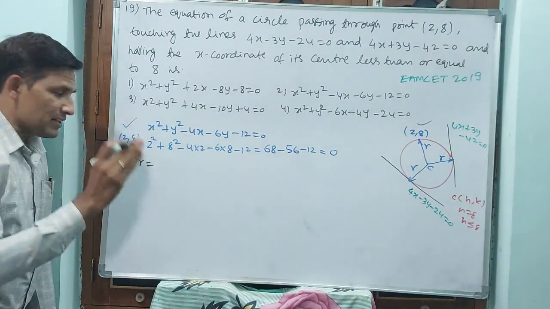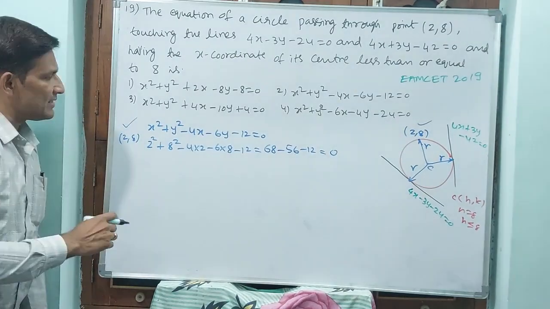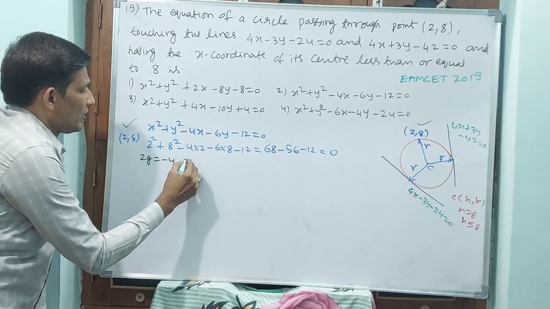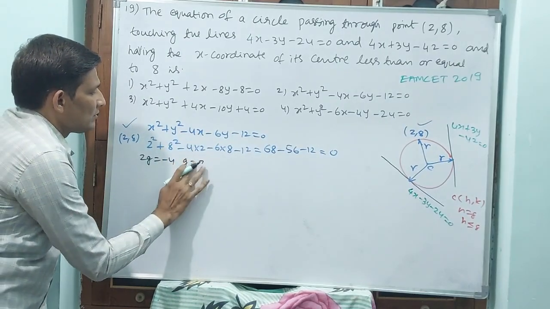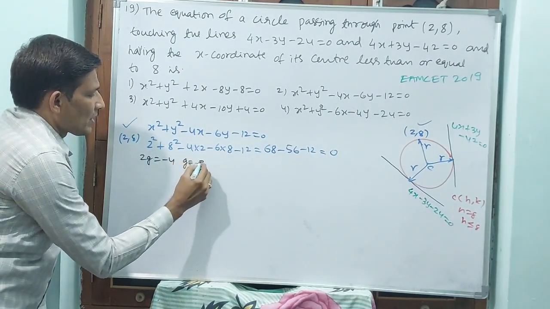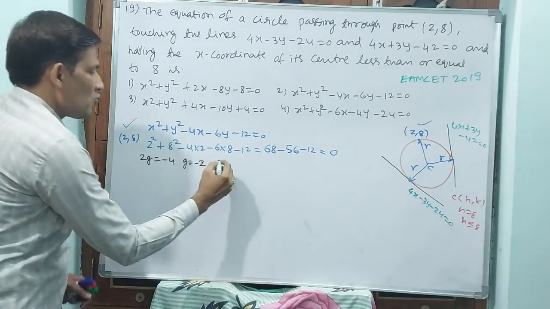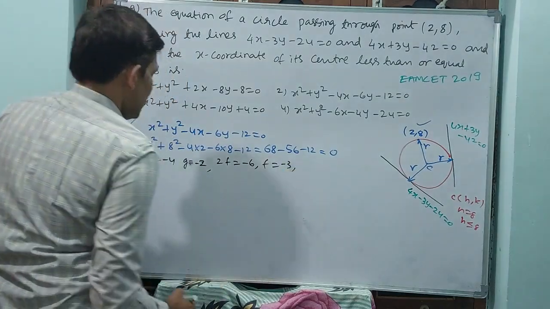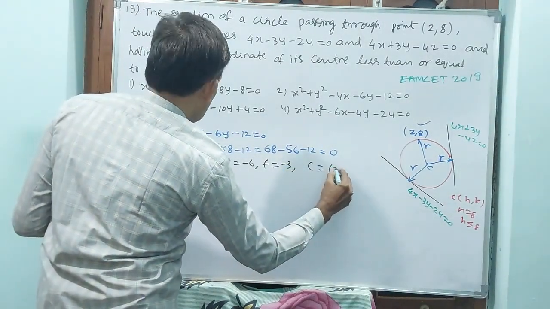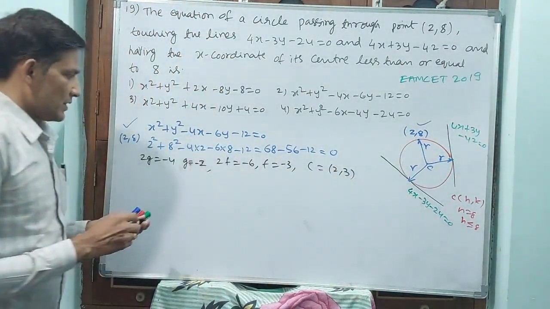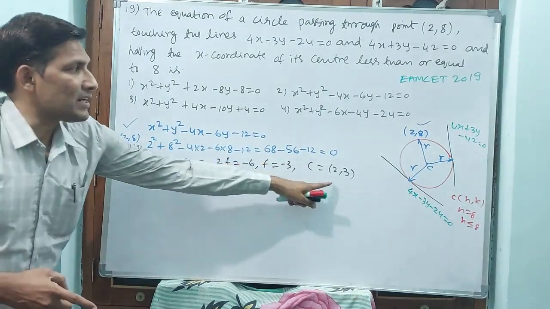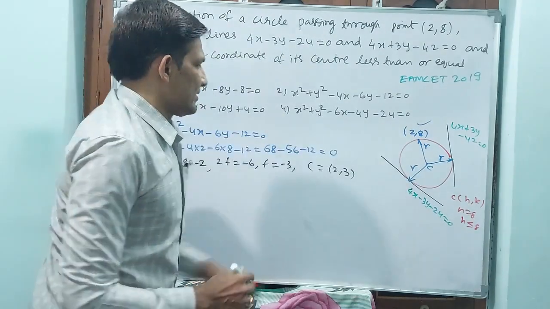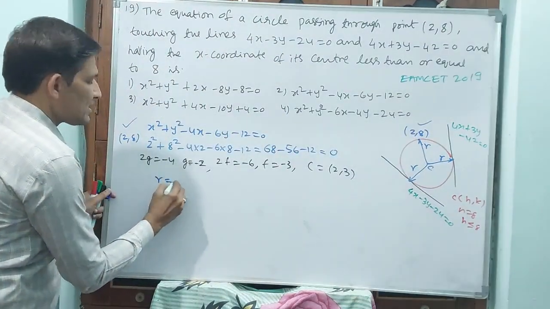See, again I am finding the center rather than the radius. First you find the center. You see, here 2g will be minus 4, so g will be minus 2. And 2f will be minus 6, so f will be minus 3. Then what about the center? Center is equal to (2, 3). See, as per this equation, the center is (2, 3). Now you find the distance, the distance is our radius.